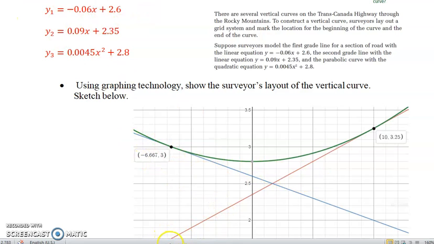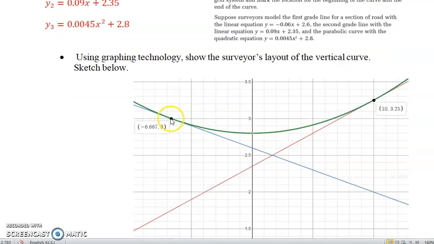Then the second linear line, the one that's increasing from left to right, that would be y2. And then the quadratic that's curved, that is y3. So I've done that in the Desmos program, and then I've found the two intersection points here on your curve.